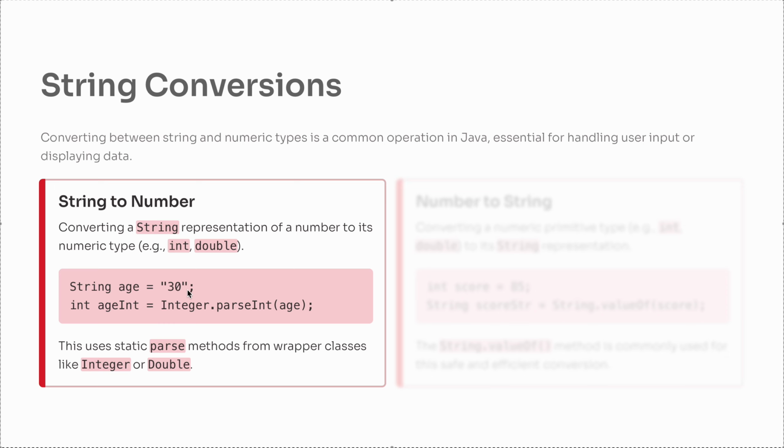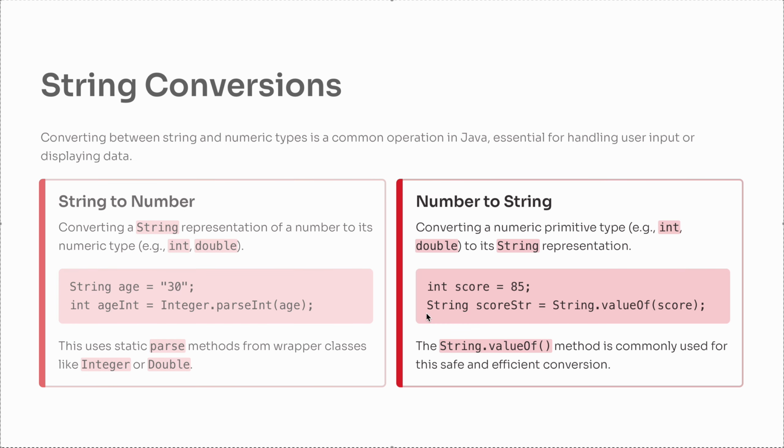Similarly, in the opposite direction, if you have a number you want to convert to a string, we use the String wrapper class and the String.valueOf method. For example, we have an int score of 85 and want to display it as text somewhere. You want to convert this 85 to a string "85" in double quotes. Use String.valueOf of this int, and it will convert to a literal string of 85.